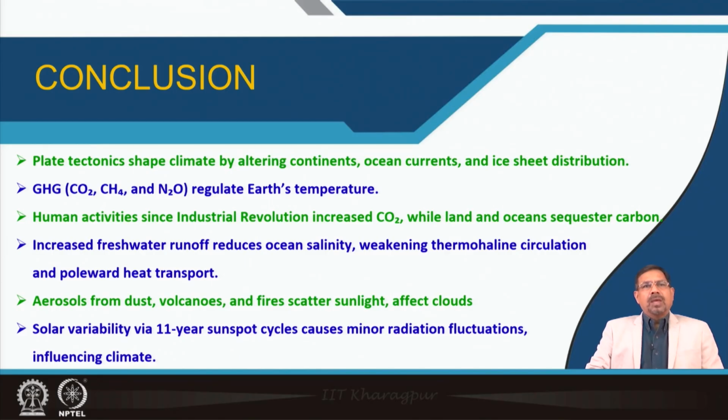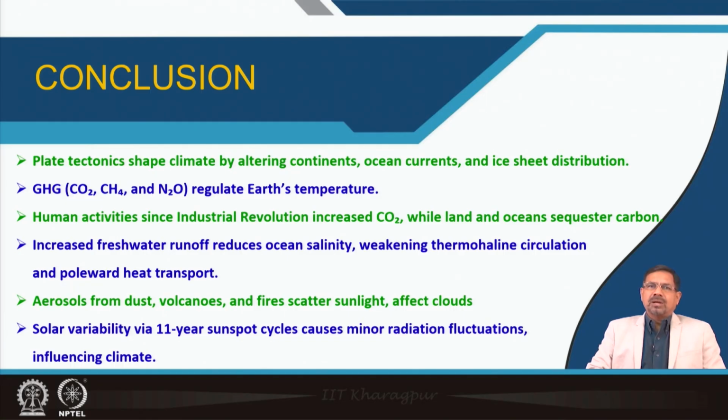The 7 points: Tectonics shape climate by altering continents, ocean currents, and ice sheet distribution. Greenhouse gases such as carbon dioxide, methane, nitrous oxide regulate Earth's temperature. Human activities since the industrial revolution increased the carbon dioxide, while land and oceans sequester carbon.